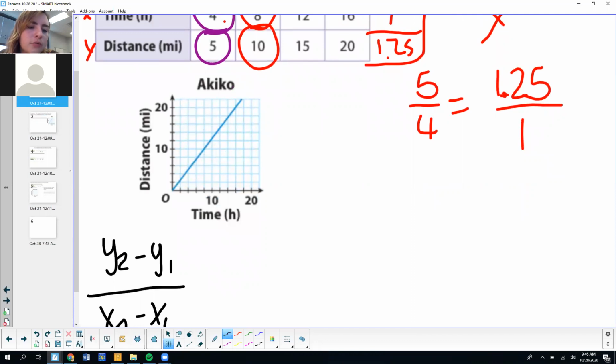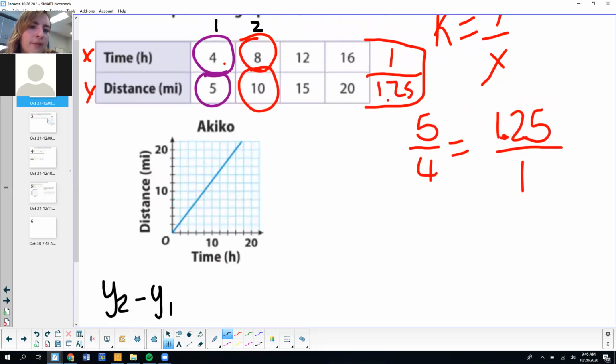So y2 is going to be the y value of the second point. So y2 is going to be this 10 right here. So this is y, and this is our second point. So we're going to take 10, and then we're going to take y1, which is the y value on our first point. So y minus 5. And I'm trying to color code so you guys can see where I'm getting these numbers.